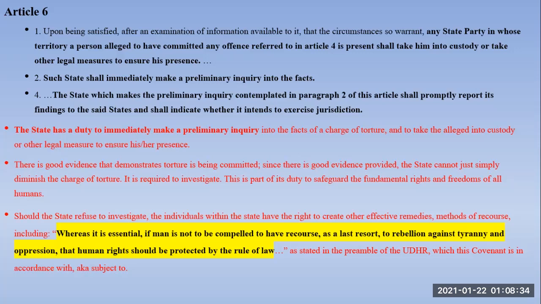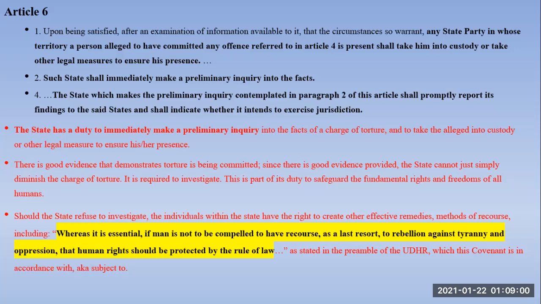The state has a duty to immediately make a preliminary inquiry into the facts of a charge of torture or cruel, degrading, or inhumane treatment and to take the alleged into custody or other legal measure to ensure his or her presence. There is good evidence that demonstrates torture is being committed, as well as cruel, degrading, and inhumane treatment.